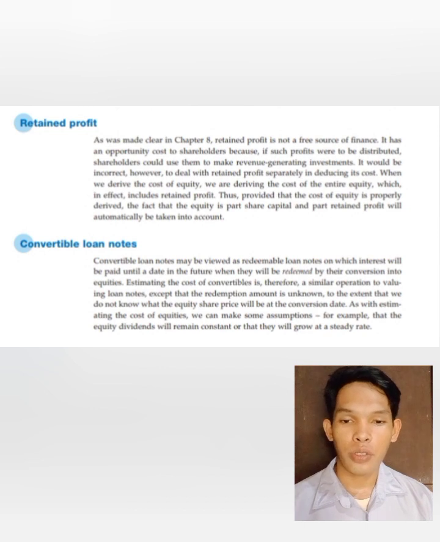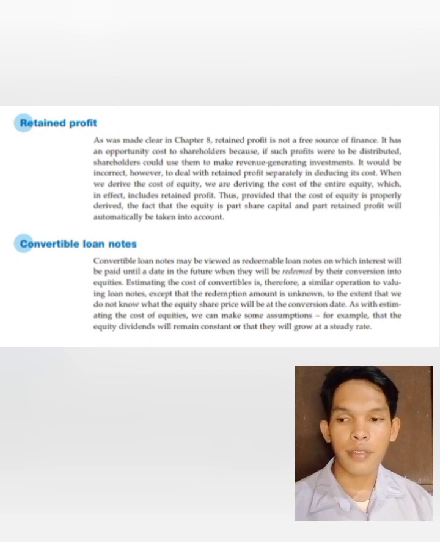Convertible loan notes. Convertible loan notes may be viewed as redeemable loan notes, on which interest will be paid until a date in the future when they will be redeemed by their conversion into equities.